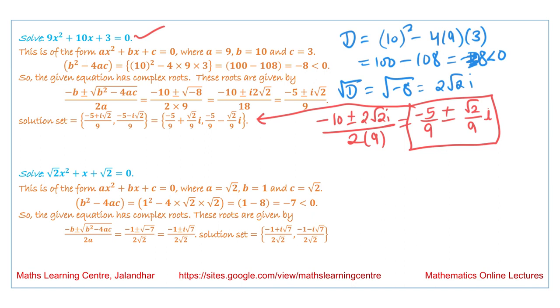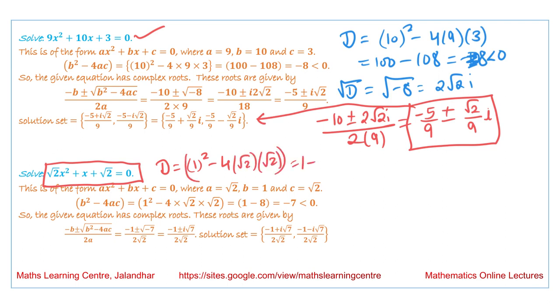Next equation we have is root 2 x square plus x plus square root 2 is equal to 0. So in this case D is equal to b square minus 4ac. So this is equal to 1 minus root 2 into root 2 is 2, 2 into 4 is 8. So this is equal to minus 7. Again it is less than 0. Now the value of square root of D is square root of minus 7, that is equal to iota root 7.